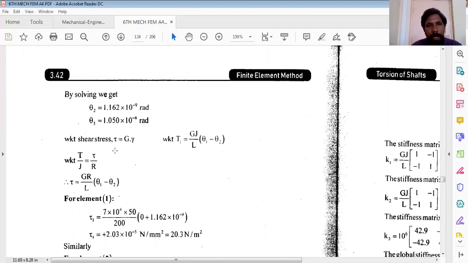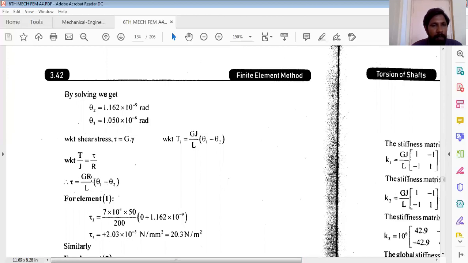We also know that modulus of rigidity is tau by gamma, which is shear stress by shear strain, and we also know that T1 is GJ by L in the matrix of theta 1 minus theta 2. With these two equations and the torsion equation, we can write tau equals G r by L into theta 1 minus theta 2.